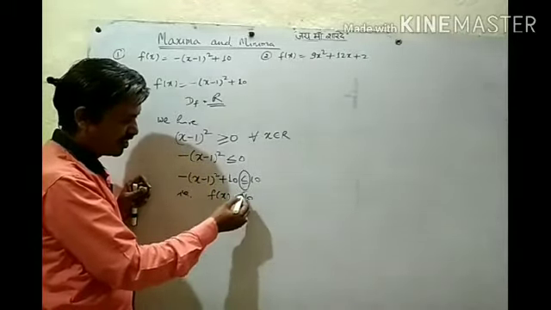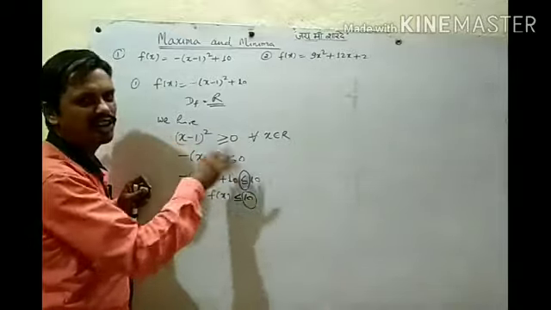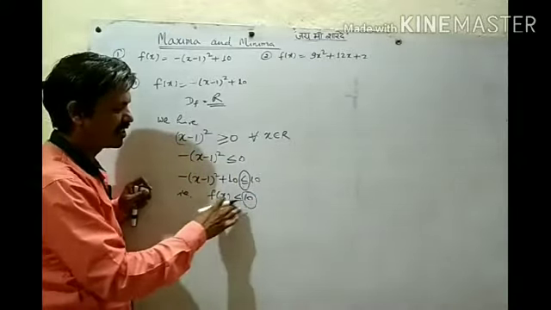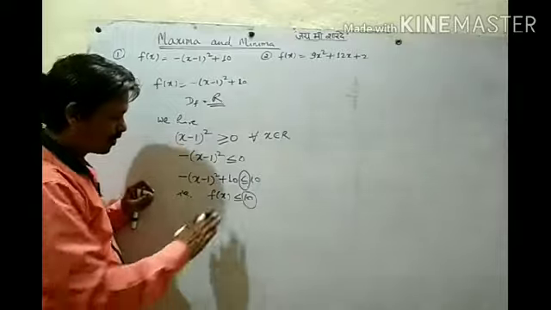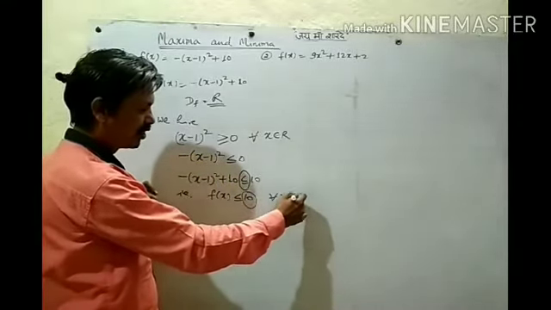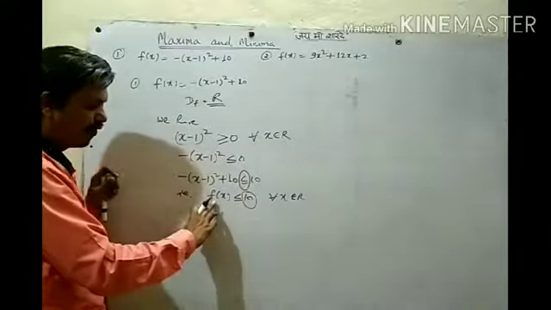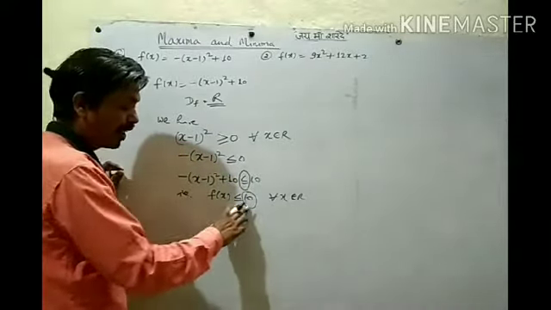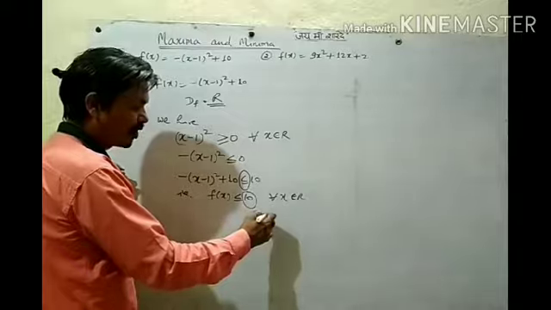So this is 10, the value of the function only. f of x is less than or equal to 10 for all x belongs to R. It is for all x. So f of x is less than or equal to f of c.